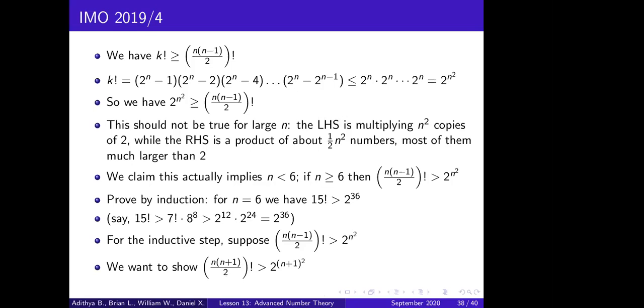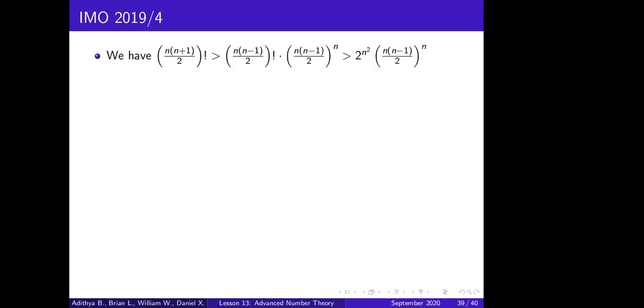Well, we can first express (n times (n plus 1) over 2) factorial as (n times (n minus 1) over 2) factorial times, well, there's n terms between n times (n minus 1) over 2 and n times (n plus 1) over 2, and they're all greater than n times (n minus 1) over 2. So that's how we get the first inequality, and then the second inequality follows from the inductive hypothesis.